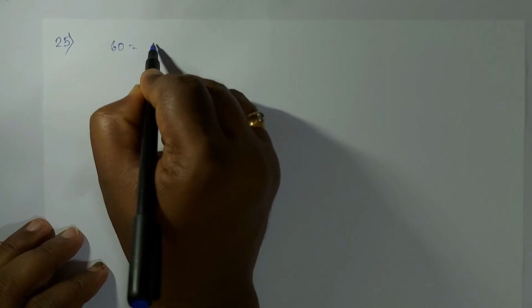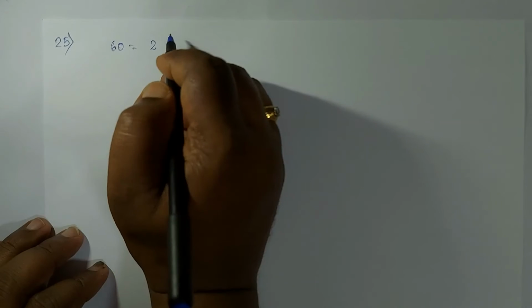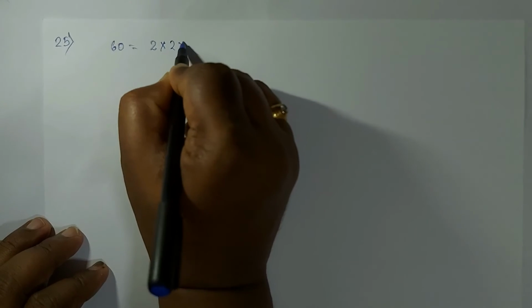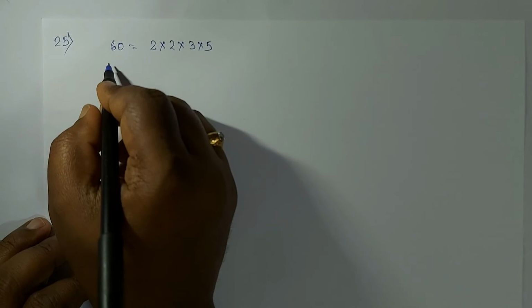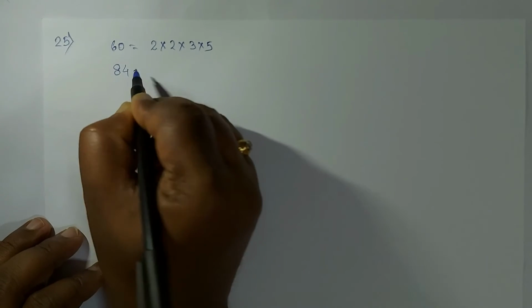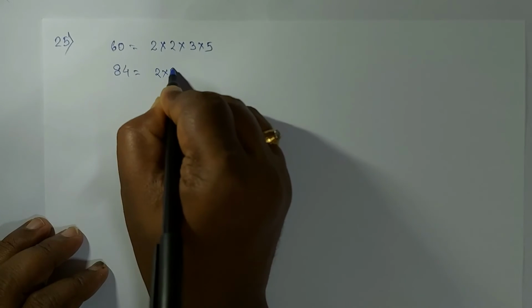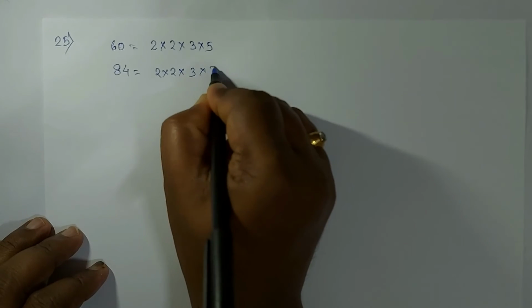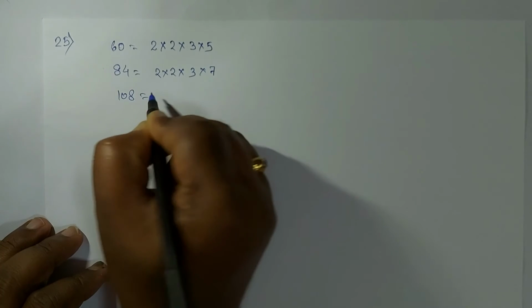60 is equal to, the prime factorization will be this. Then the next number is 84. So 84 will be equal to this. Then 108 is equal to this.